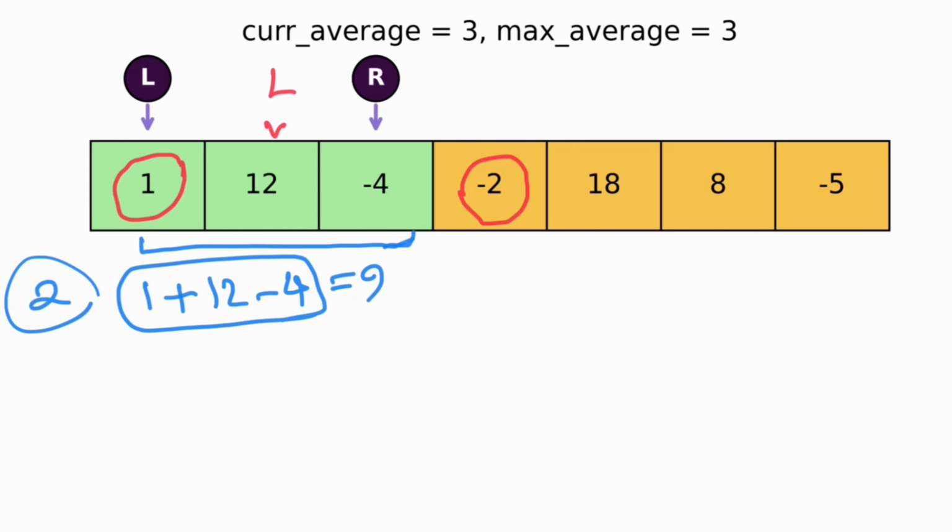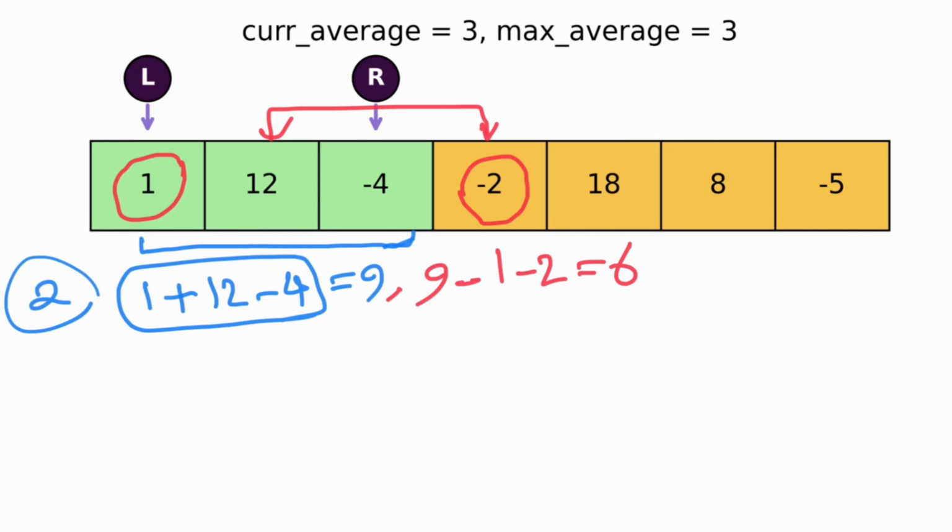So let's clean this one and only consider that we have this window. We can see that we lose this number, we add this number. So if we decrease this number, it will be 9, we lose 1, we add 2, which is 6.